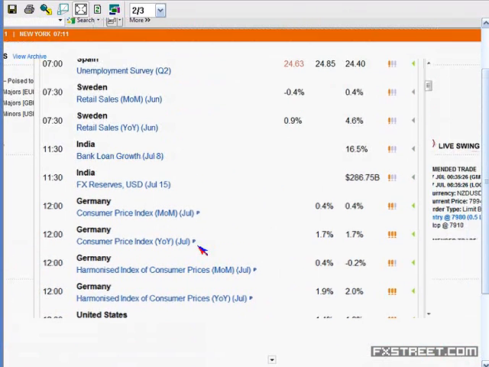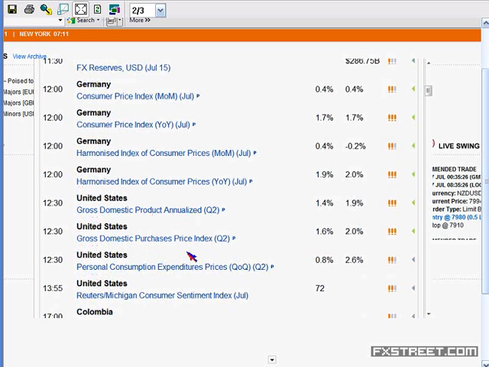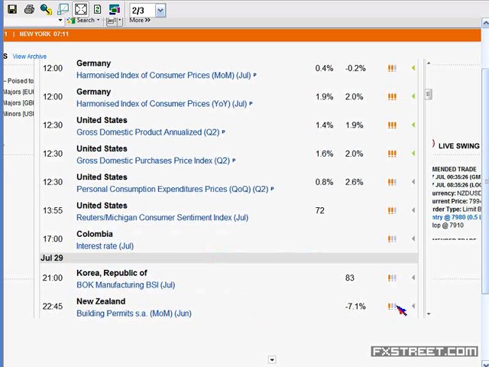Coming to the last trading day of the week, we do have a couple of important announcements. From Germany, at about 12 GMT, we have the consumer price index. Then from the US, we have GDP, and we are also getting the Reuters Michigan Consumer Sentiment Index. So these are the data that are out.